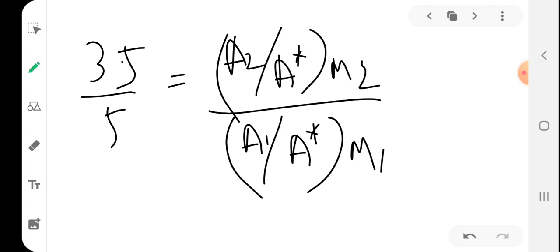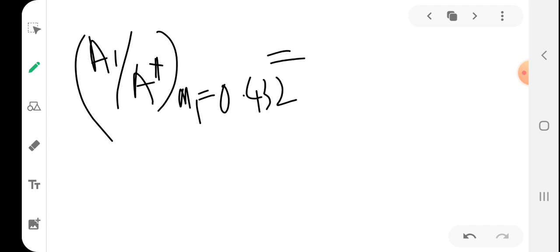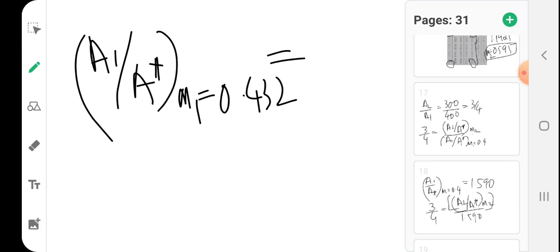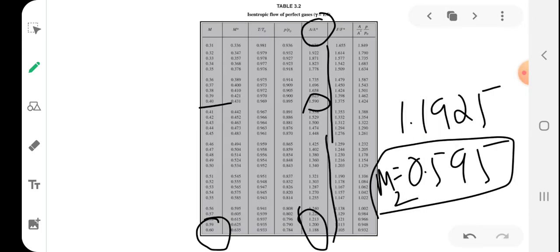Okay, so A1 by A star at Mach 1 can be found out using the gas table. So use the gas table. Now A1 by A star at Mach 1 is how much? Because Mach 1 is known, M1 equal to 0.432. So 0.432 you will get from the gas table.